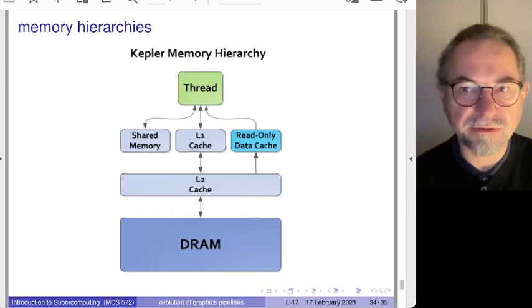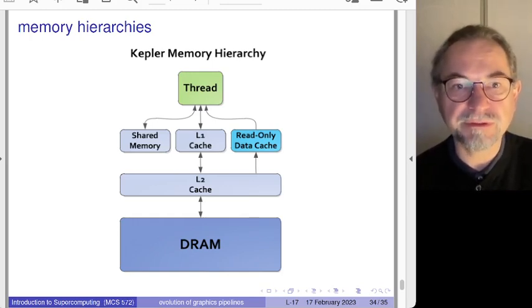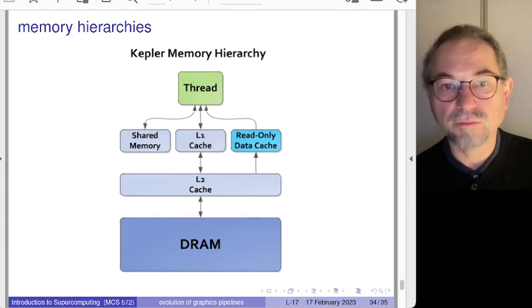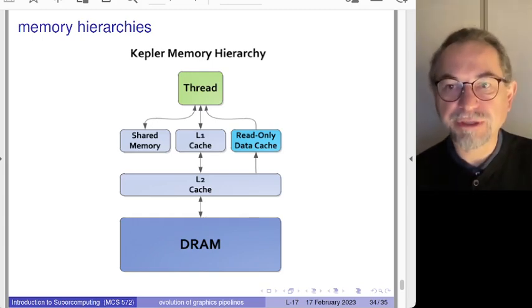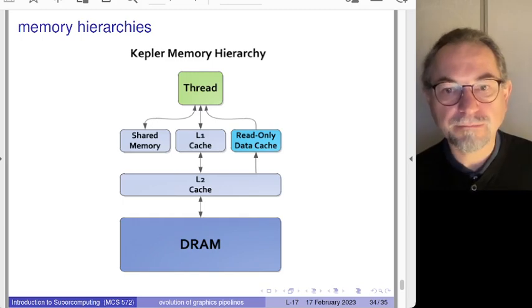We will see later on applications that are fine-tuned for this. So here is the memory hierarchy. Every thread has shared memory, but then there is also the cache. And there are read-only memories, which are very good for storing global constants that every thread would need to know.